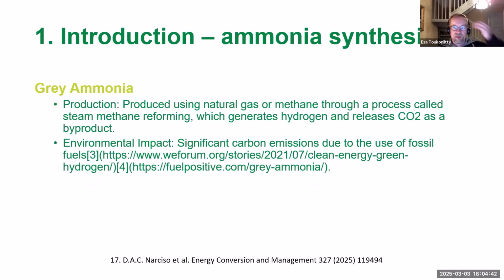Gray ammonia uses natural gas or methane in that steam methane reforming process that makes the hydrogen. So this is the traditional way. And this steam reforming releases carbon dioxide also.